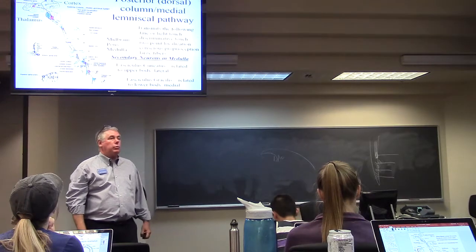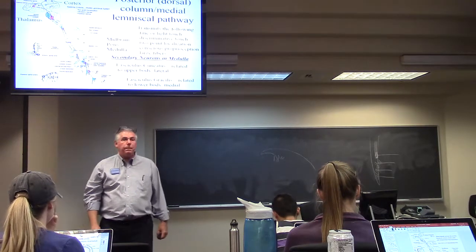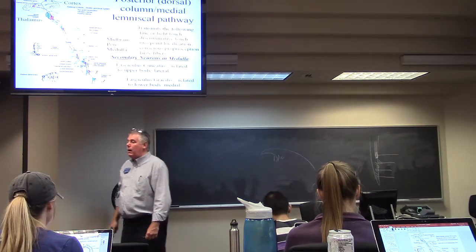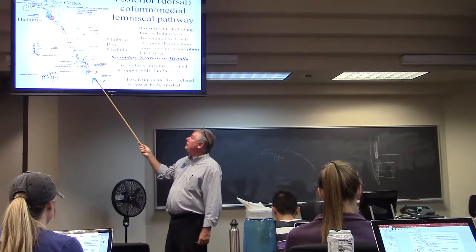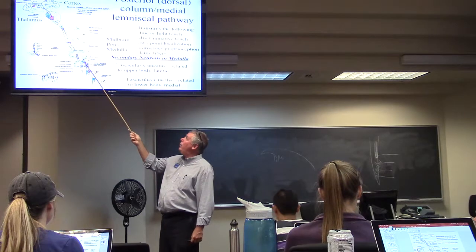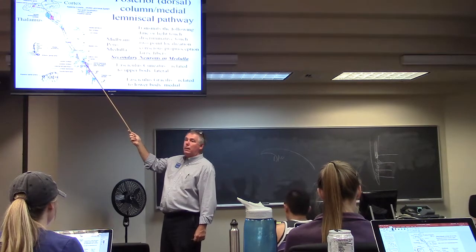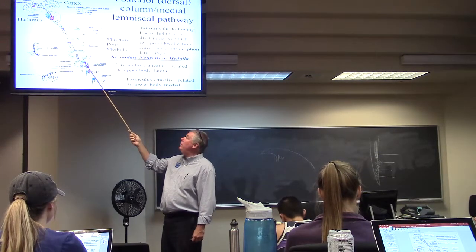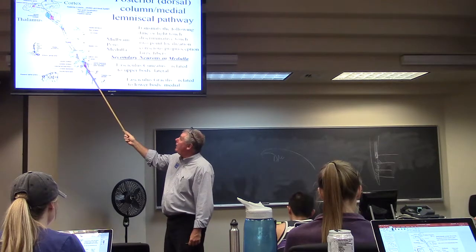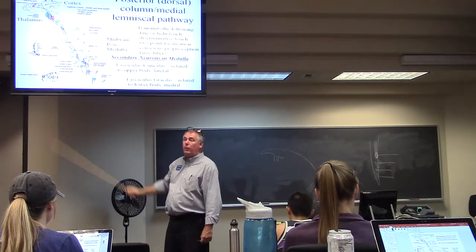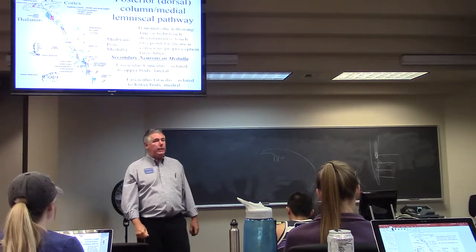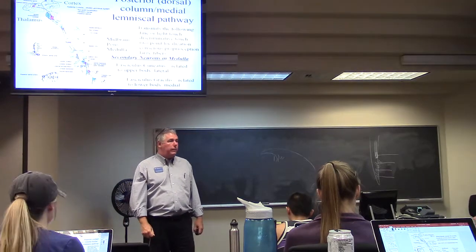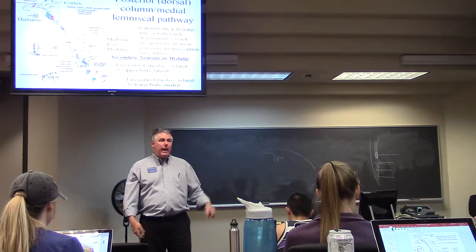If we look at the dorsal column pathway, you touch my toe, it came in, stayed on the same side all the way up to the medulla. And in the medulla, you see there are two nuclei right there. One's called the nucleus gracilis, one's called the nucleus cuneatus. That's where they synapsed.